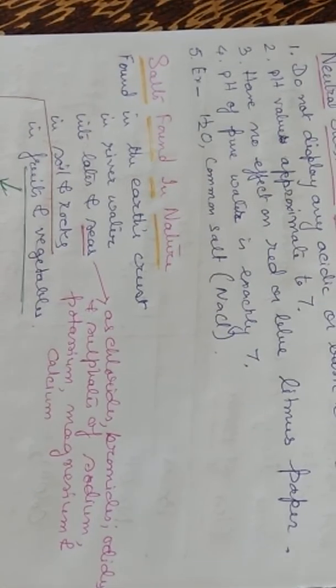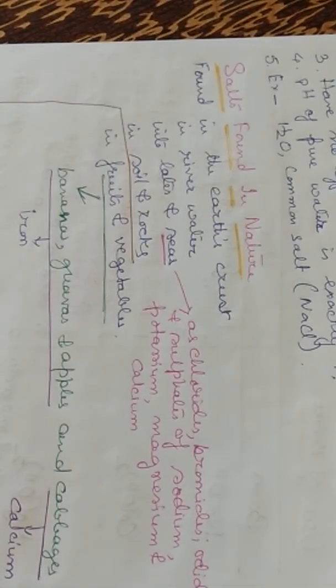They do not display any acidic or basic characteristics. Their pH value is approximately 7. They have no effect on red or blue litmus paper. The pH of pure water is exactly 7. So that is a neutral substance. Examples are water or common salt.